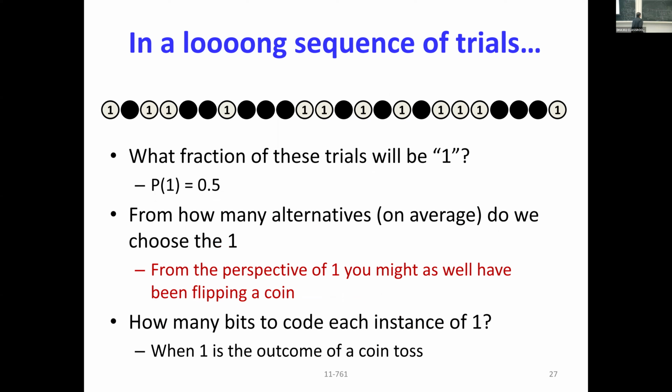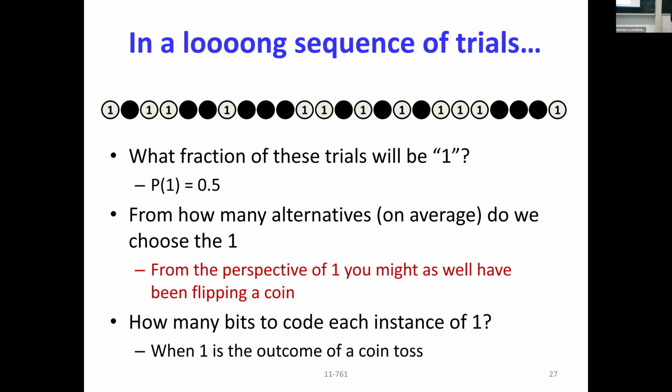So if I look at the total across all of the outcomes, it's n times p of 1 times log of p of 1, right? Or log of 1. Is it log of p of 1? It's log of 1 over p of 1, correct? Why? Okay. So if the probability is 1 over 8, it's like saying there are 8 possible outcomes. So 1 divided by the p of 1, right?